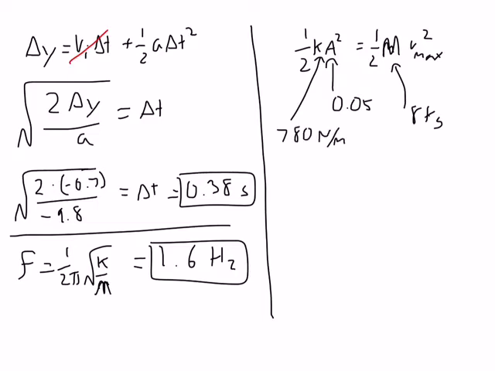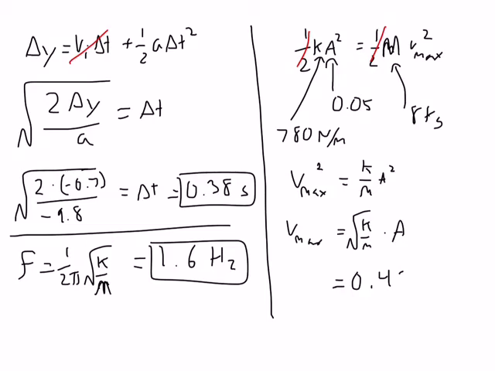And now I can see that I can solve pretty easily for that. So the 1/2s will cancel. Right? If I rearrange, I'll solve that V max squared equals K over M A squared, right? Or V max equals the square root of K over M times A, right? And we have all these numbers. So I just plug it in, and I get that the maximum speed is 0.49 meters per second.